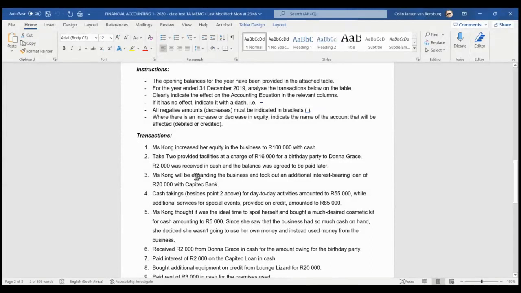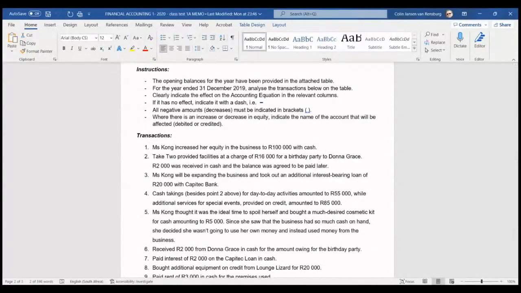So Miss Kong will be expanding the business and took out an additional interest-bearing loan of 20,000 rands with Capitec Bank. Right. So she wants to increase the capacity for this business, either by increasing the inventory or perhaps the infrastructure. The fact remains she's taking out a loan from Capitec Bank.